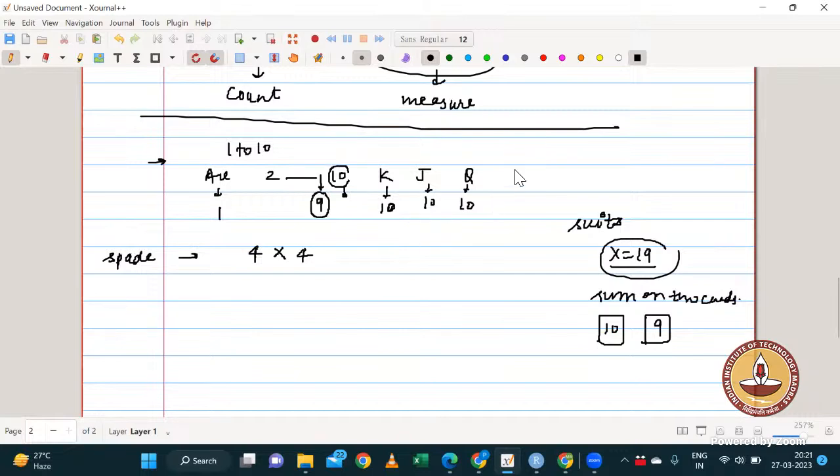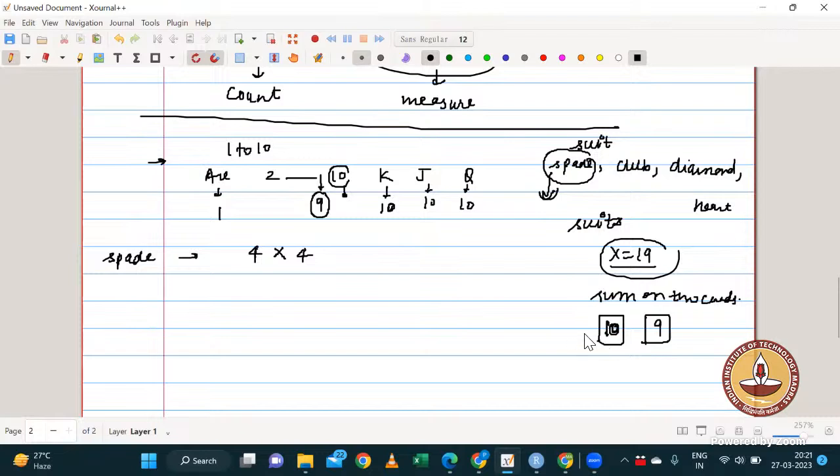In one suit, means in spade or club, diamond, heart, right? So let's consider the spade. In how many ways will you get 10?